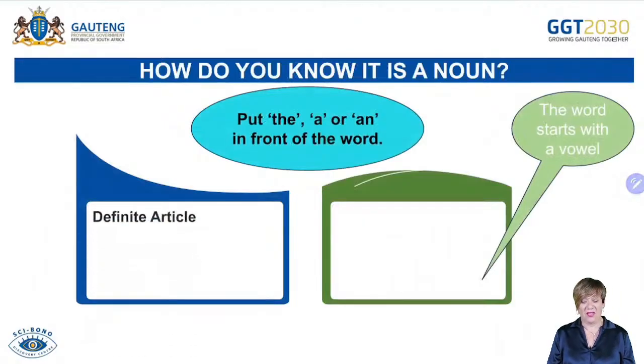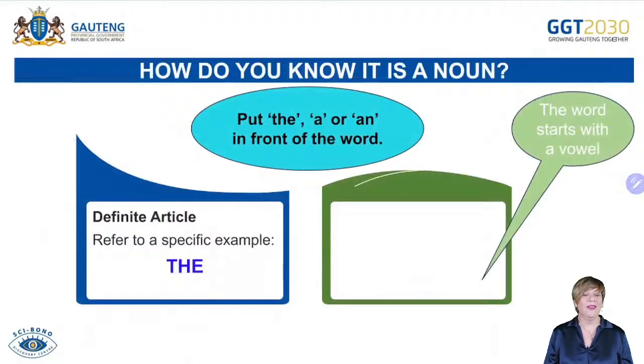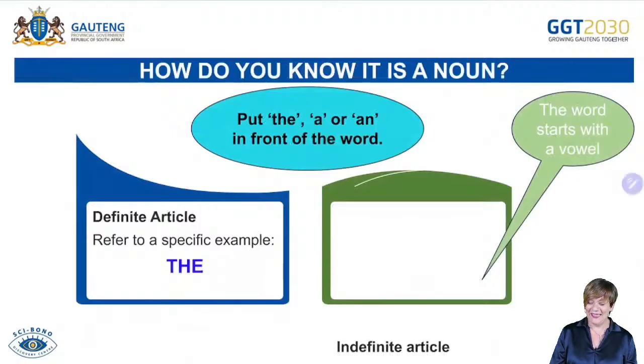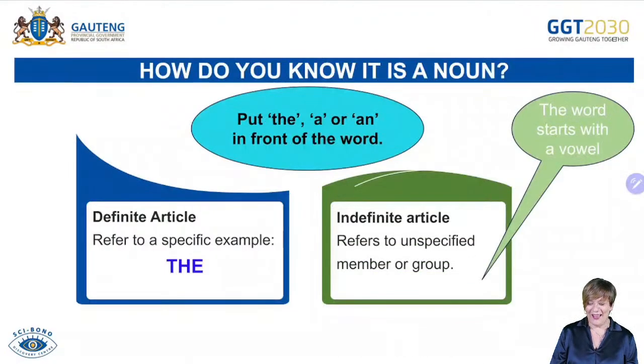So while we're busy with the, a and an, let's quickly talk about your articles. So we've got the definite article, and that is a specific example like the boy, the book, the murder of crows, or we have obviously the indefinite article, which is of course unspecified, and there it refers to a and an.